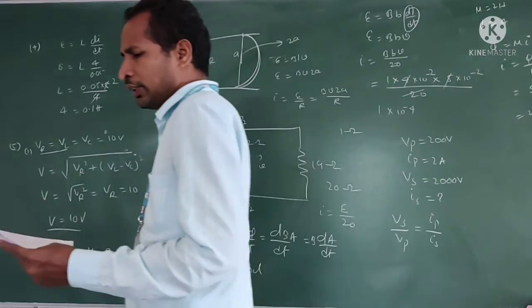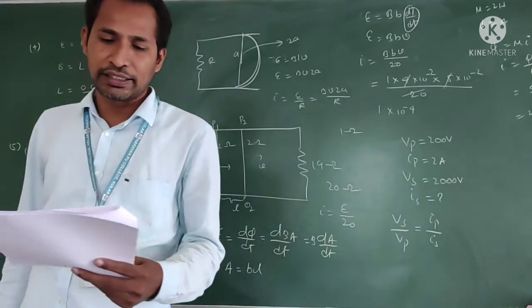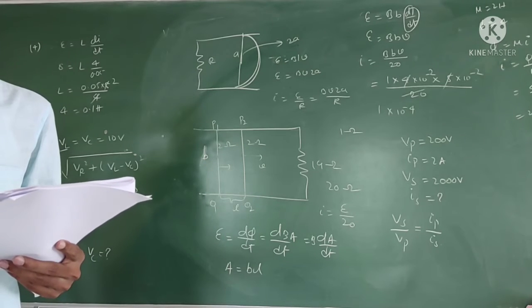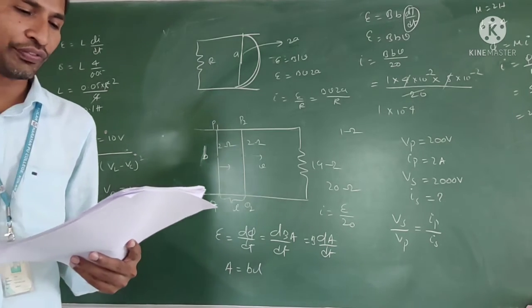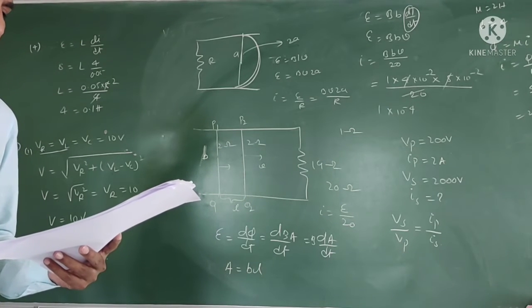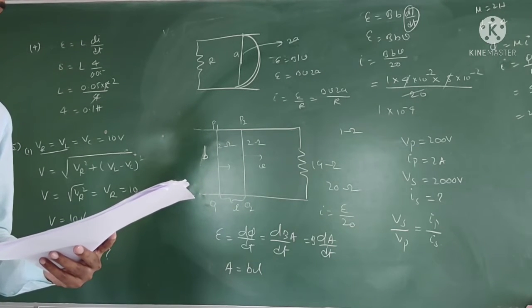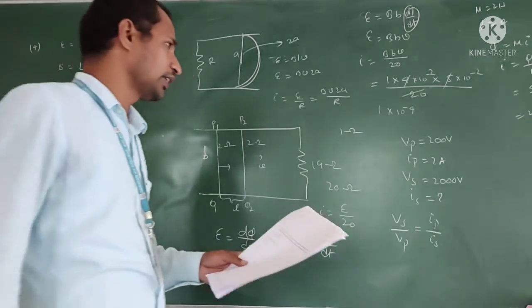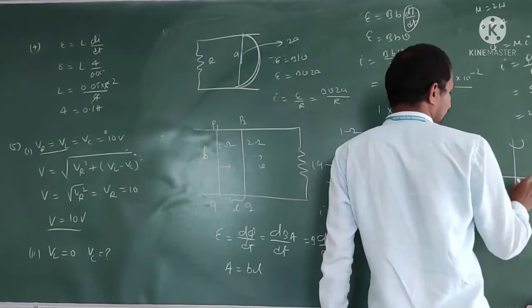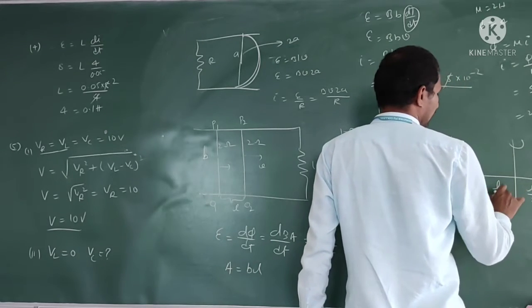Next, 15. A conducting rod of length 2L is rotating with a constant angular speed omega about a perpendicular bisector. A uniform magnetic field B exists parallel to the axis of rotation. The induced EMF between the ends they are asking. It's rotating, this L by 2 and L by 2.